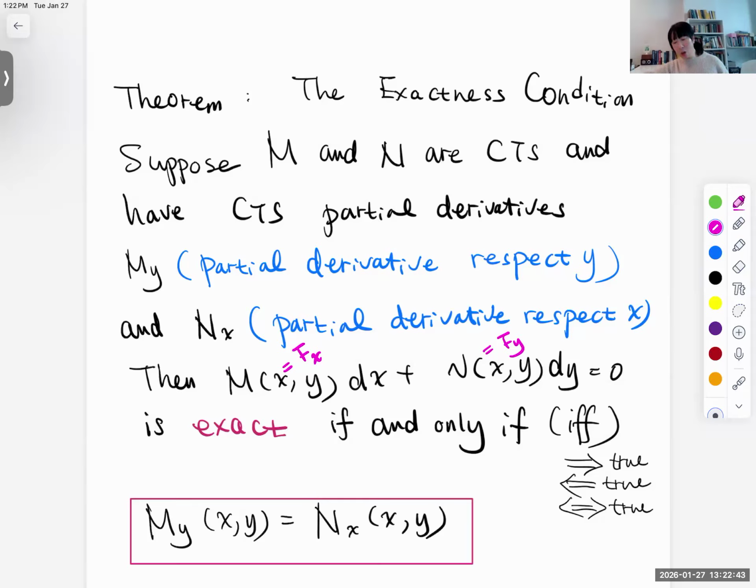Then they talked about exact again. We had exact earlier, and they are equal to each other.